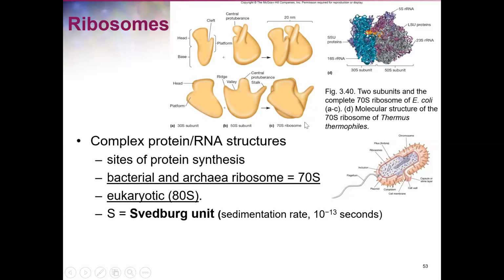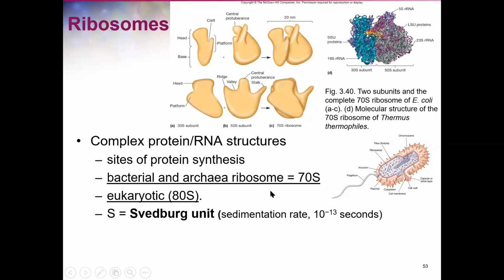Once they combine together, like two hands or a sandwich, they have messenger RNA in between to produce protein. This is the molecular structure.